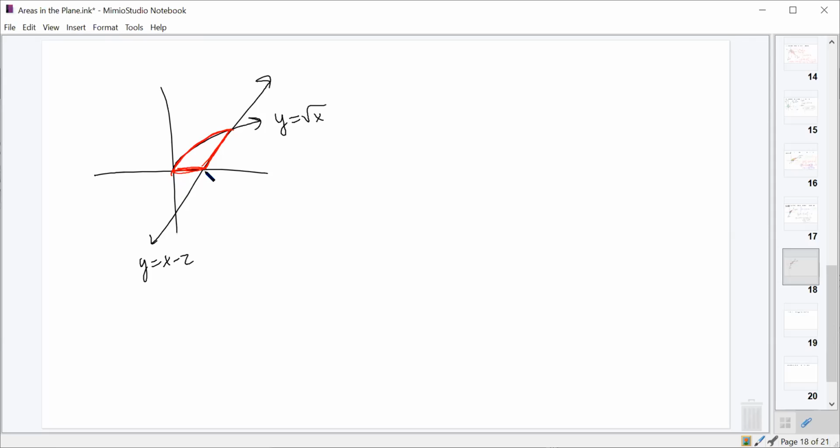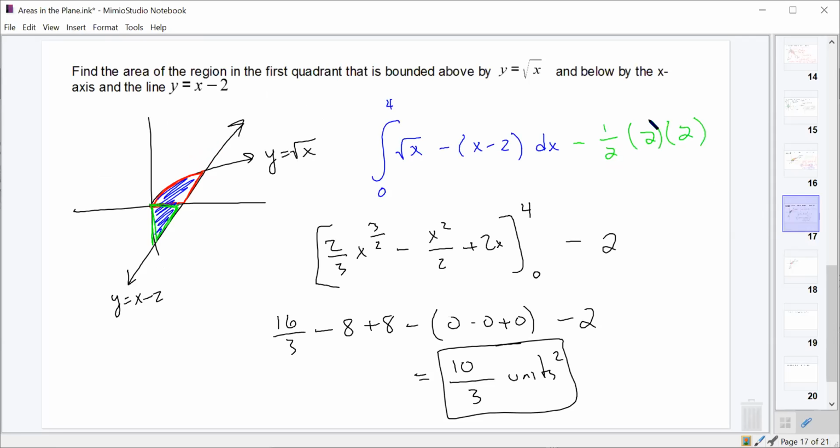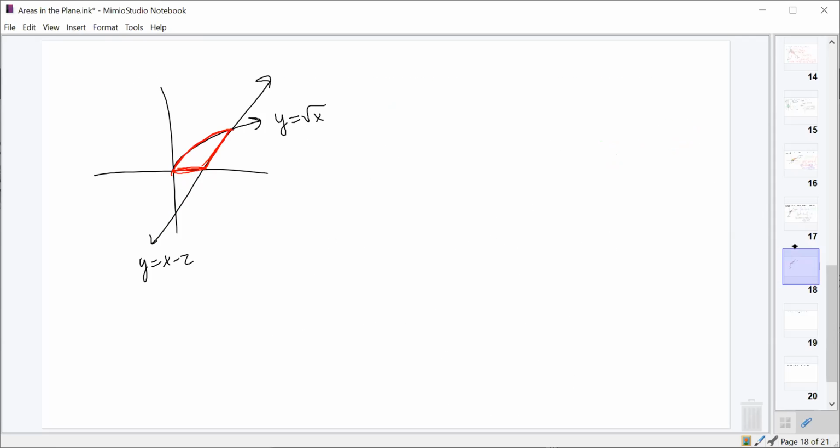Well, that's what we just did, right? Except we just used the geometric formula to find it. Integral from 2 to 4 of x minus 2 would just be this, right? But I want this in red.